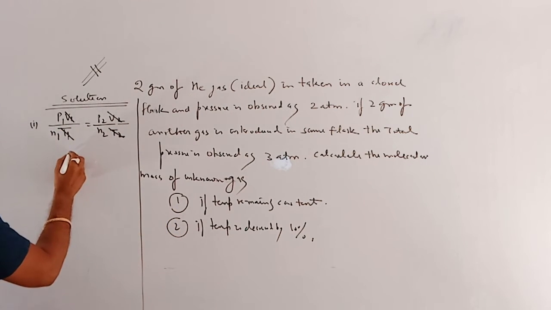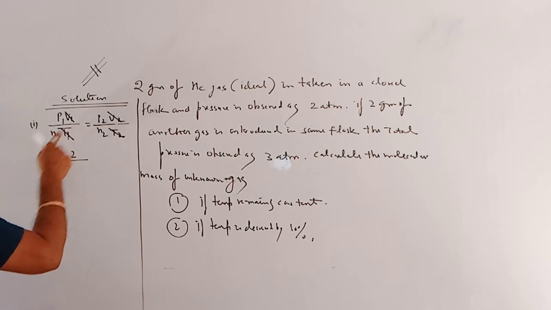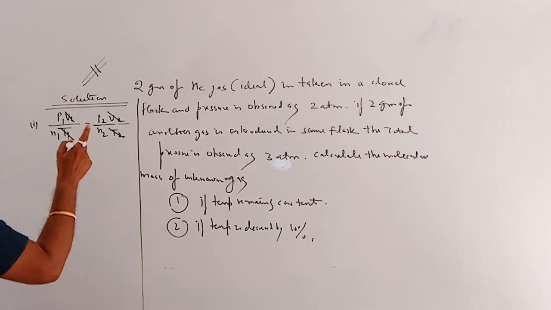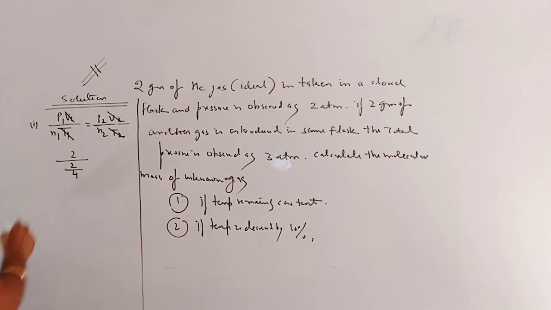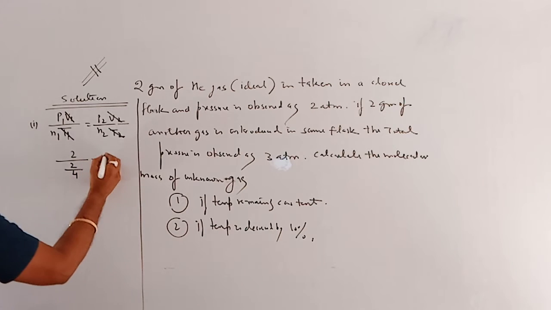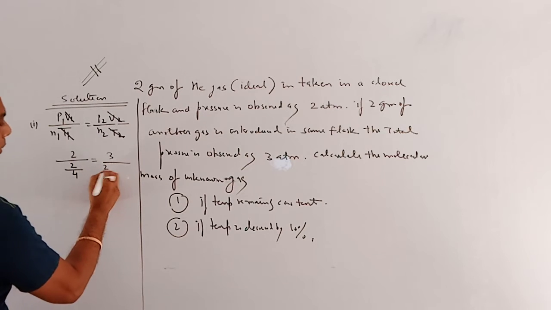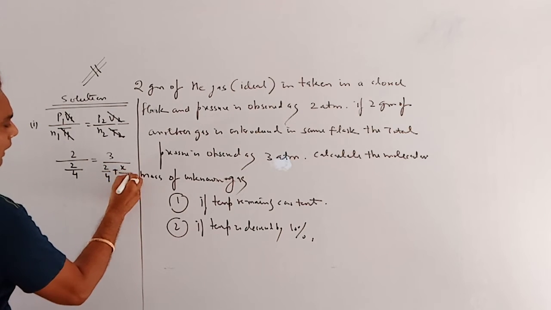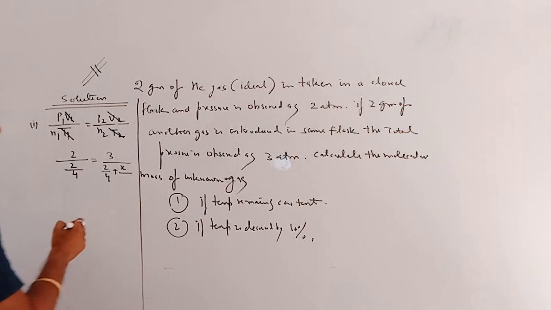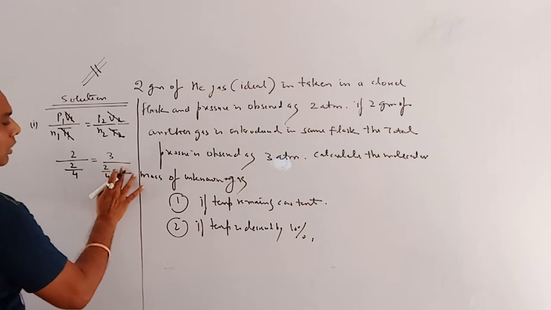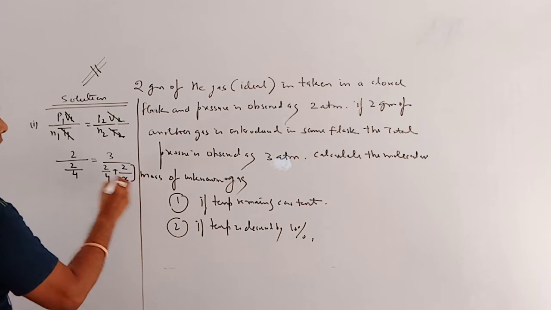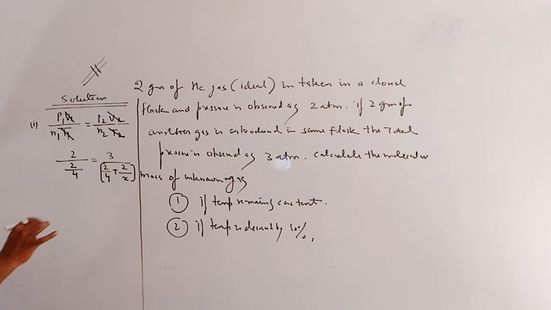So P1 is given as 2 divided by N1, which is 2 divided by helium atomic mass 4, is equal to P2, observed as 3 atmosphere, divided by N2. In the same flask, whole N2 will be 2 by 4 plus 2 by X. X is the molecular mass of the other unknown gas.